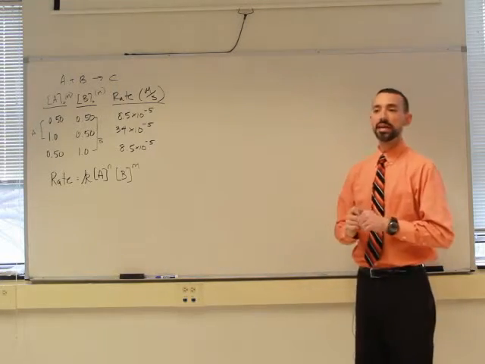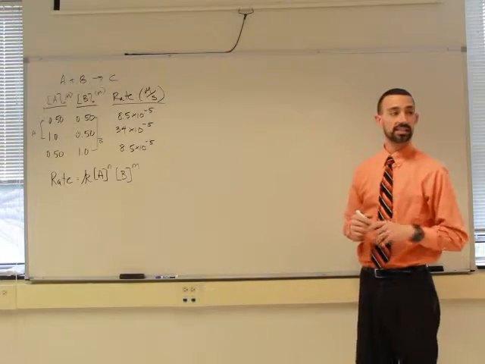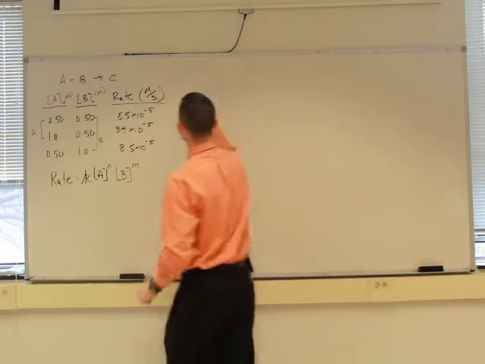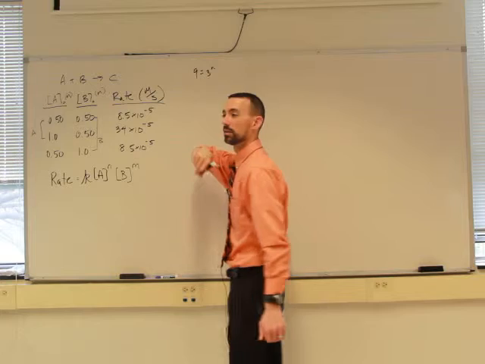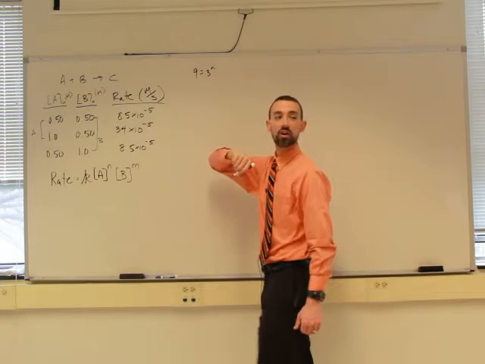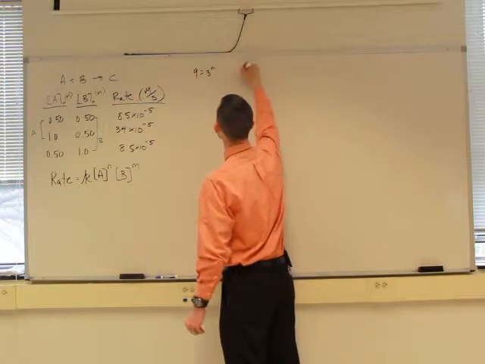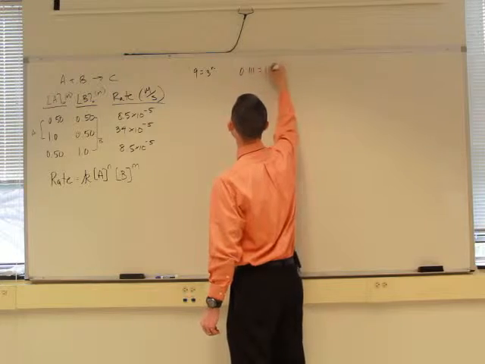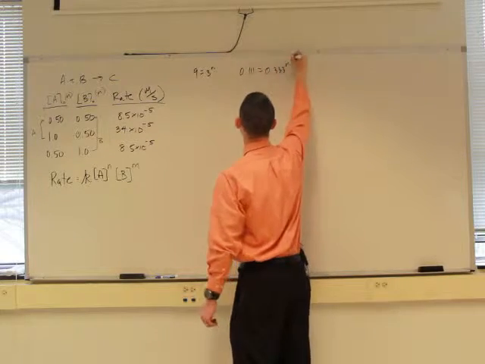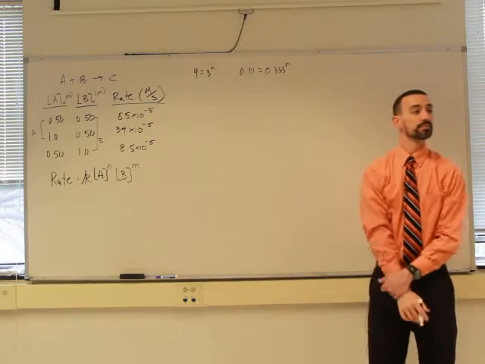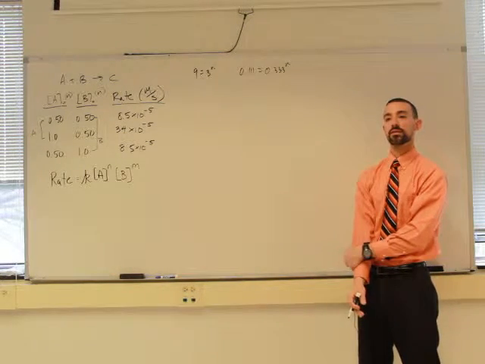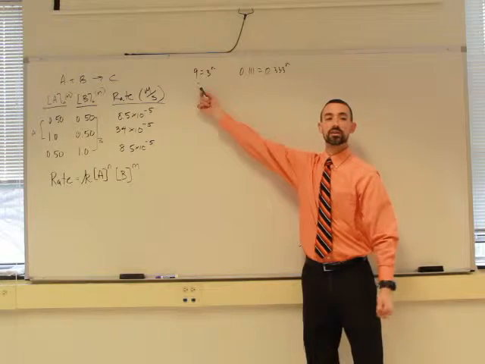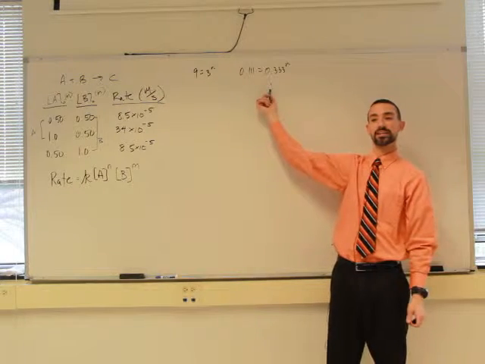Before I jump in and do what I did for the last example, I just want to ask you a quick question. We had 9 equals 3 to the M, or N, last time. Not hard. Now what about 0.111 equals 0.333 to the N? Which do you like solving more, the one on the left or the one on the right?